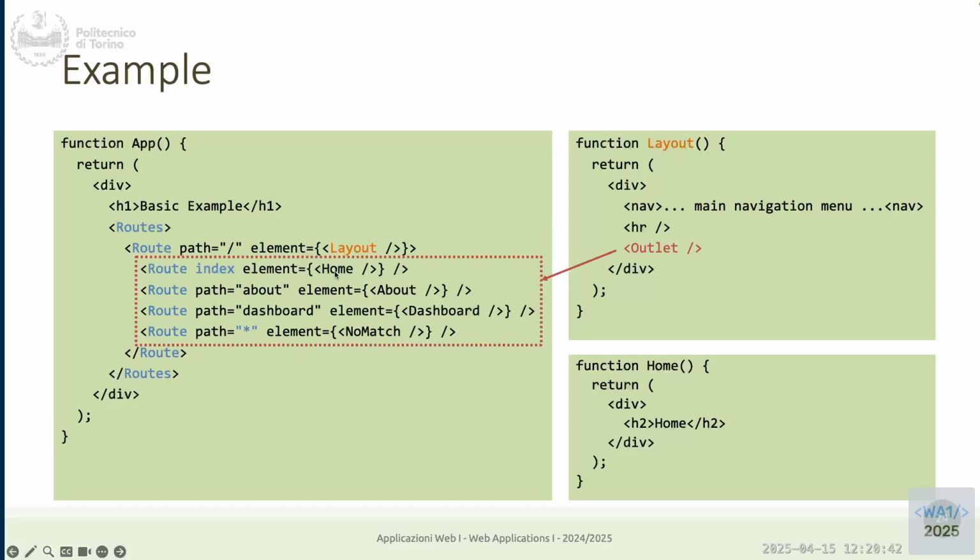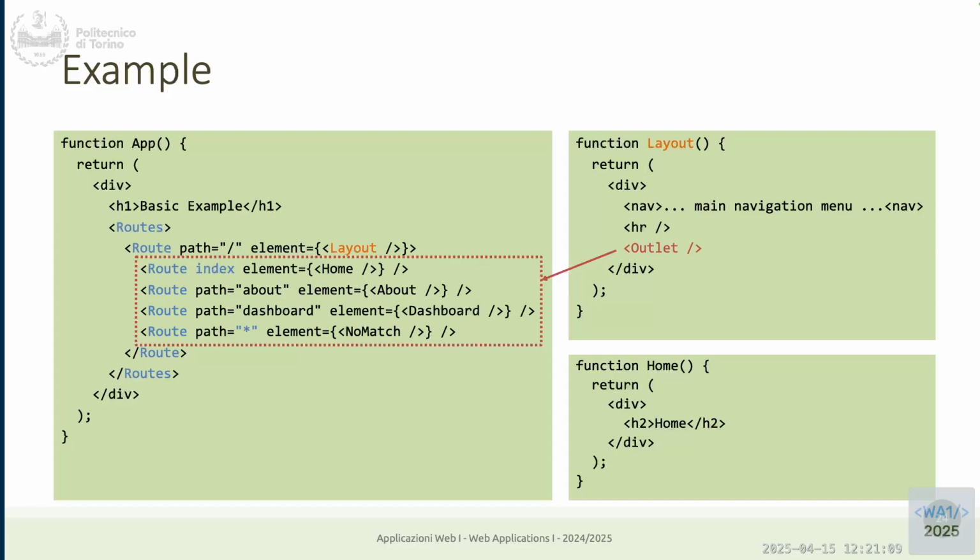So what it means is that for showing the home page, we don't need to specify a path like slash home, but just slash is applied. Index means that this element takes over the role of the father. There's no closer matching to it, and so we will match actually the URL of the father.